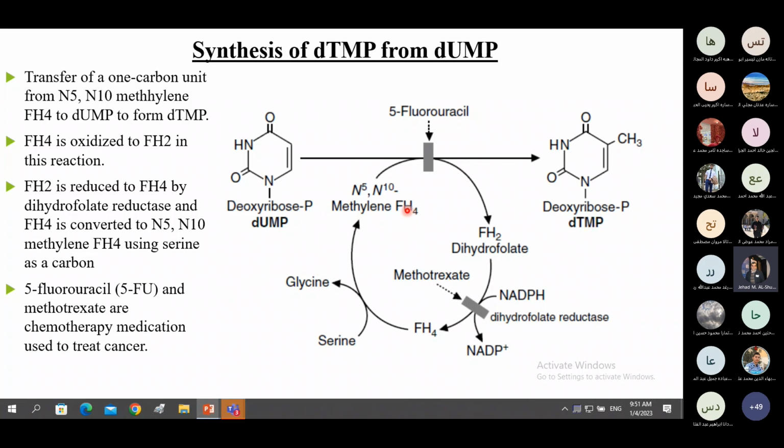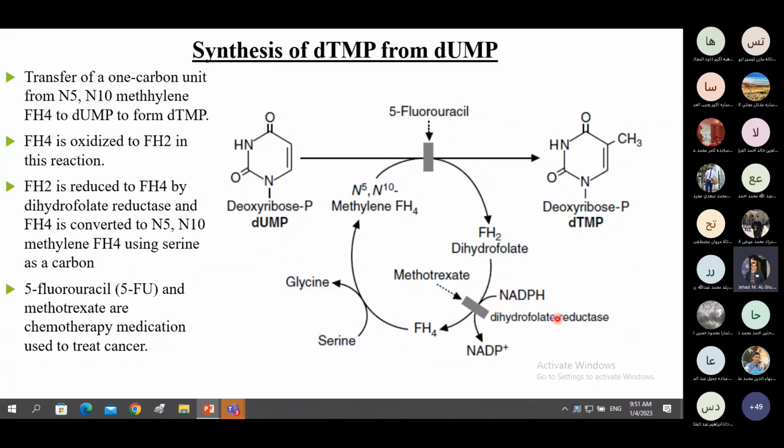And the FH4 is converted to FH2. Then, as we said, dihydrofolate reductase in the liver and other cells will convert FH2 into FH4, and it needs one NADPH in each step.